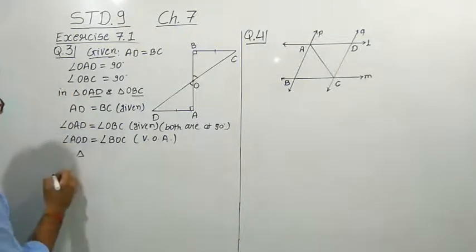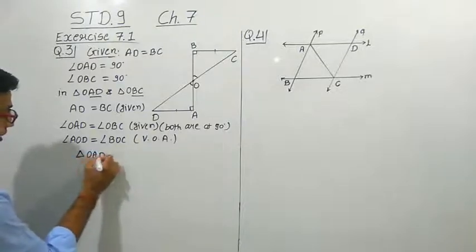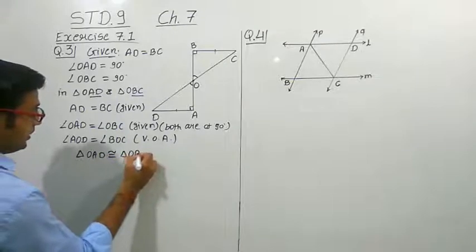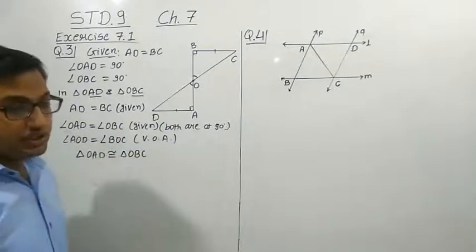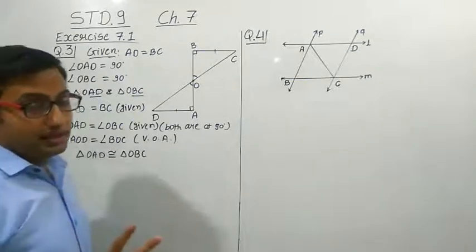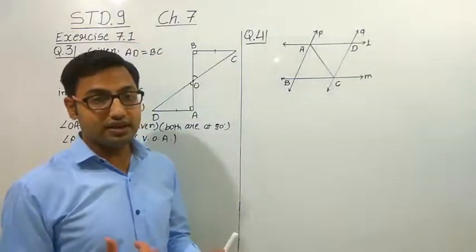So we can write that triangle OAD is congruent to triangle OBC. But by which criterion? Two angles and one side. Two criteria are there: angle side angle and angle angle side. So how do we decide that?